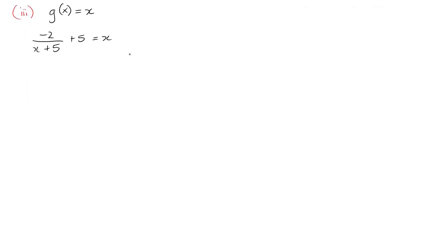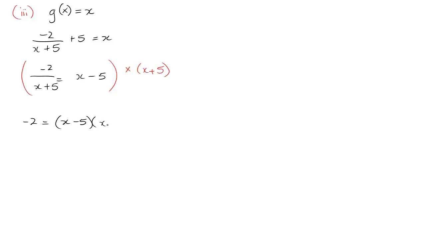And then I guess what we can do is we can move this 5 over to the other side. And then we can multiply both sides of this equation by x plus 5. So when we do that, we get minus 2 equals x minus 5 times x plus 5. And then we simply need to expand that.